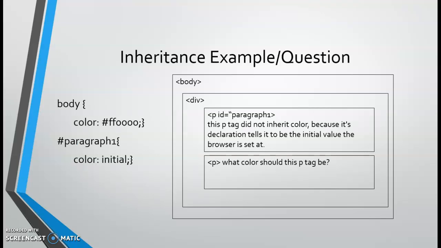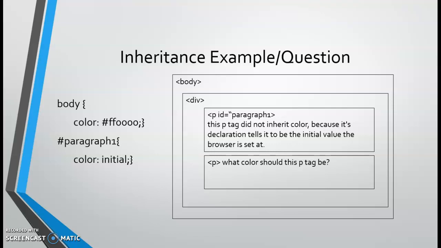So here I have a body tag, and I told it to be the color red. And then I have a paragraph tag that I've given the ID paragraph 1, and I told it to have the declaration of initial. So I told this that I wanted everything inside the body tag to be red.